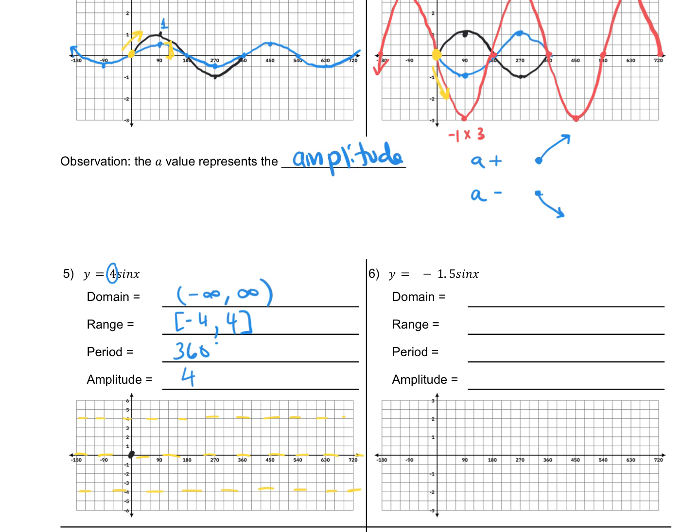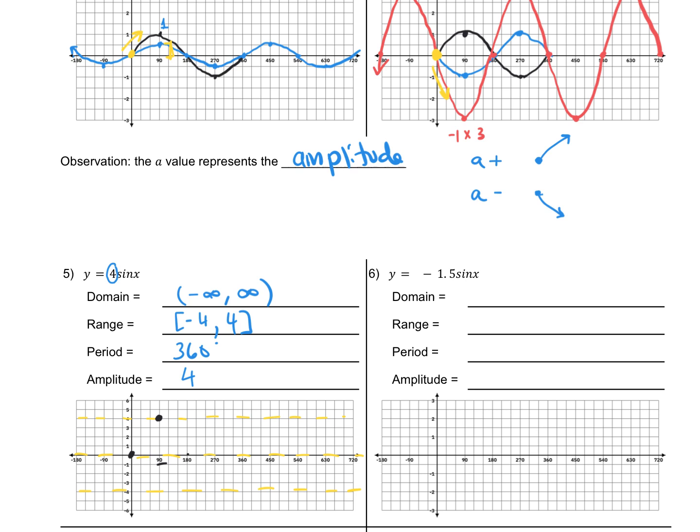And now, the fact that every key point occurs 90 degrees apart, that never changed in the previous 4 examples. So I know my next key point will be at 90 degrees. Because there's no reflection, I should be heading up to my maximum. So at 90 degrees, I will be at 4 instead of the usual maximum of 1.